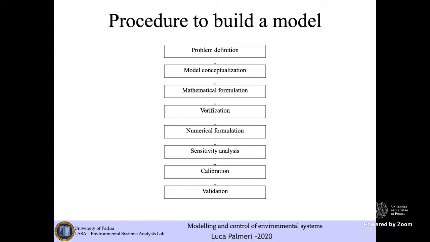A box is a state variable. An arrow describes the interaction of a state variable with another state variable. So you start really making some kind of drawings on the blackboard or on a white sheet. And then you start with an iterative process of adding and deleting elements and interactions between the elements of a model.